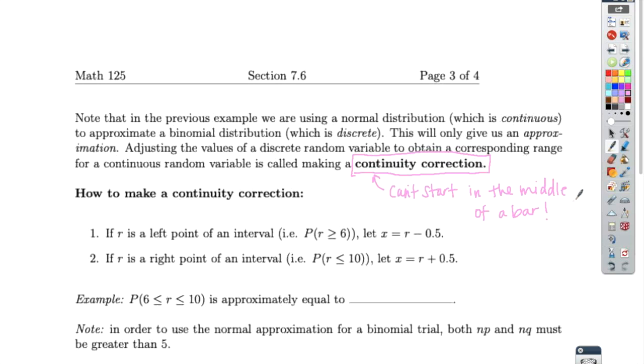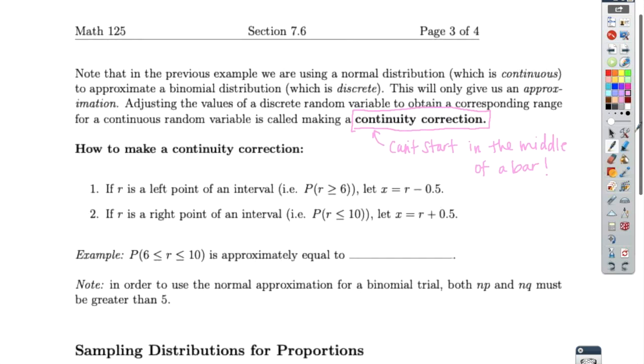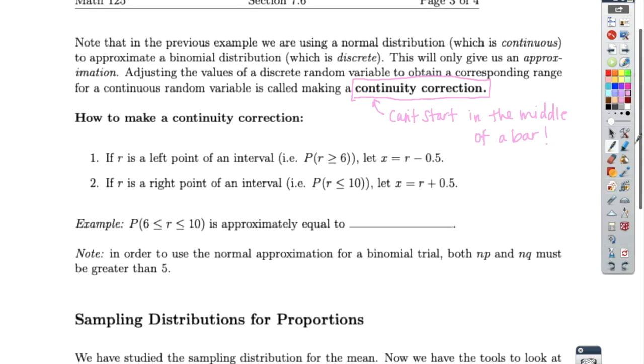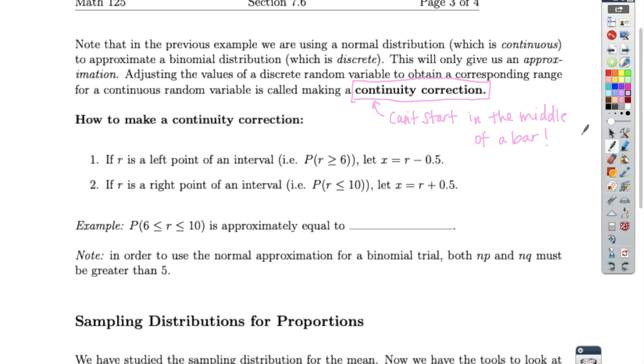So I want to talk about this actually a little bit differently than how I have it on the notes. So let me focus on this for just a few minutes. Don't focus so much on this little part. Let's talk about this. The probability that R is between 6 and 10.